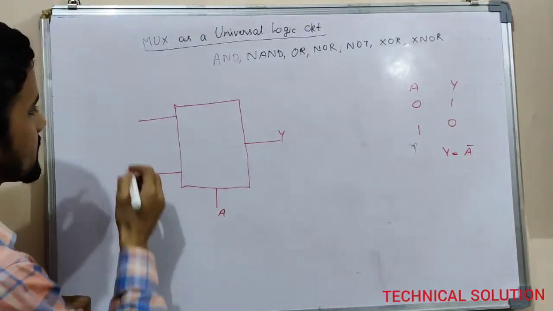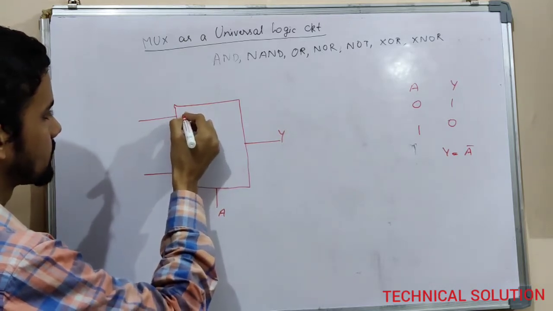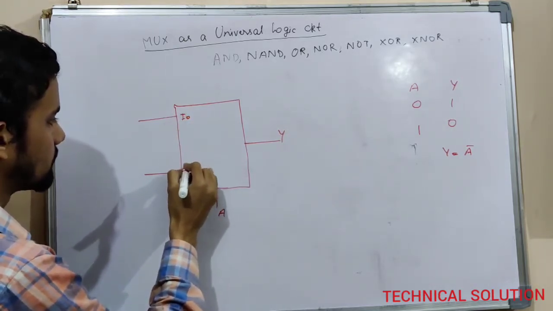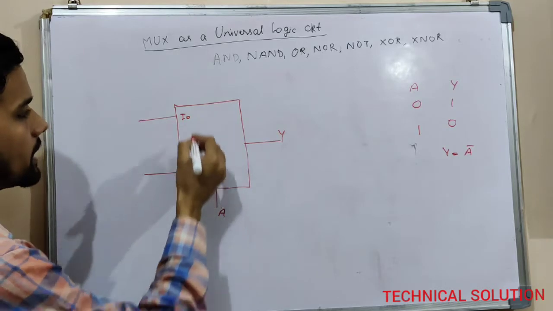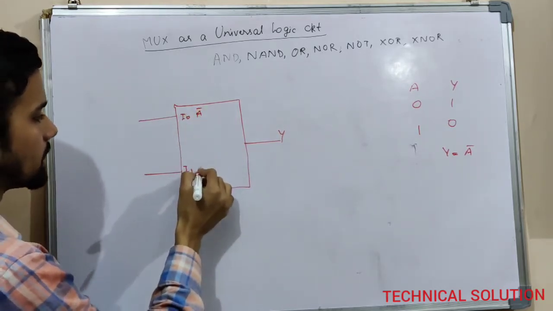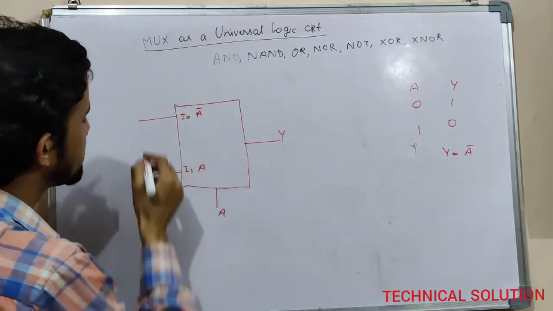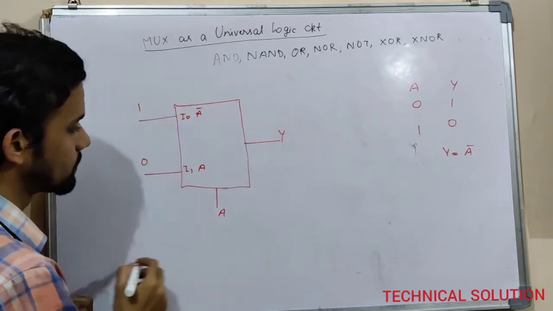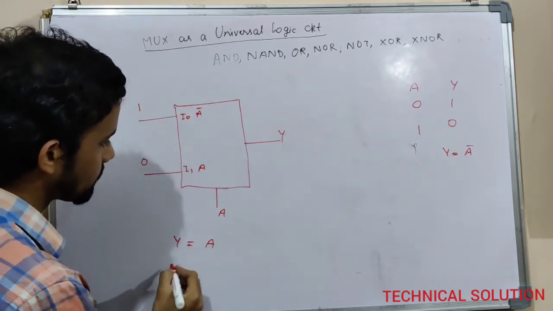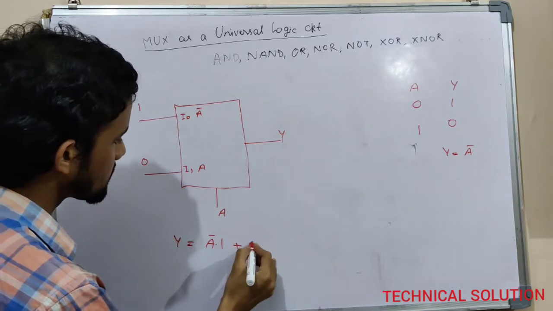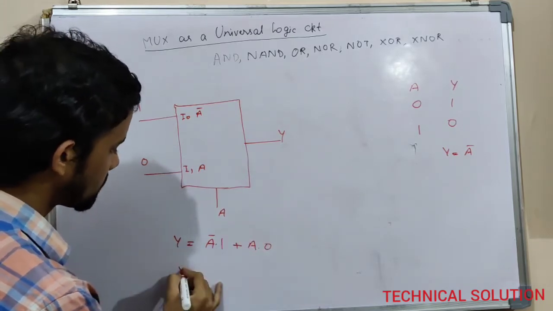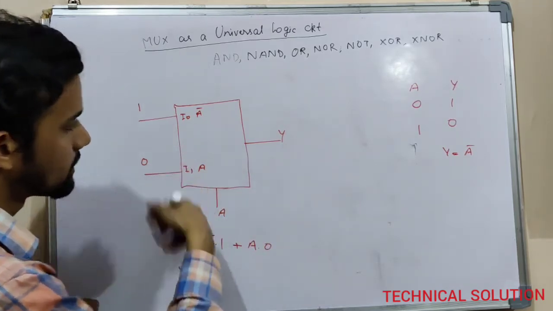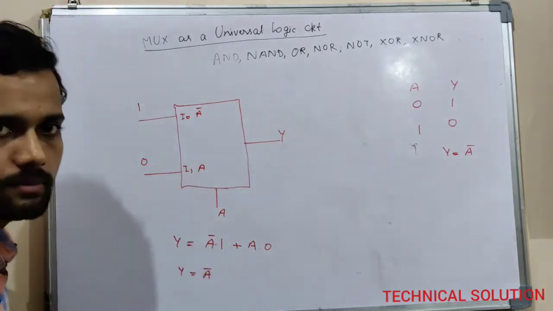This corresponds to I0 and I1. In terms of A we can also write it, this is A bar and this is A. So if this corresponds to 1 and this corresponds to 0, the output is A bar into 1 plus A into 0, Y equals A bar. This is a NOT gate using a multiplexer.